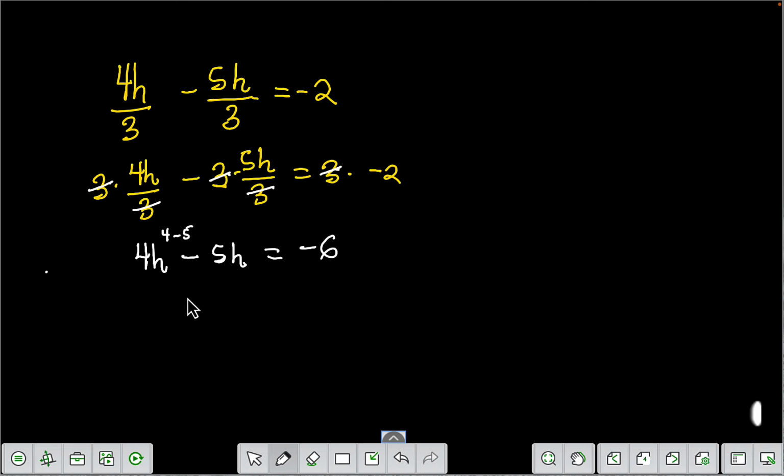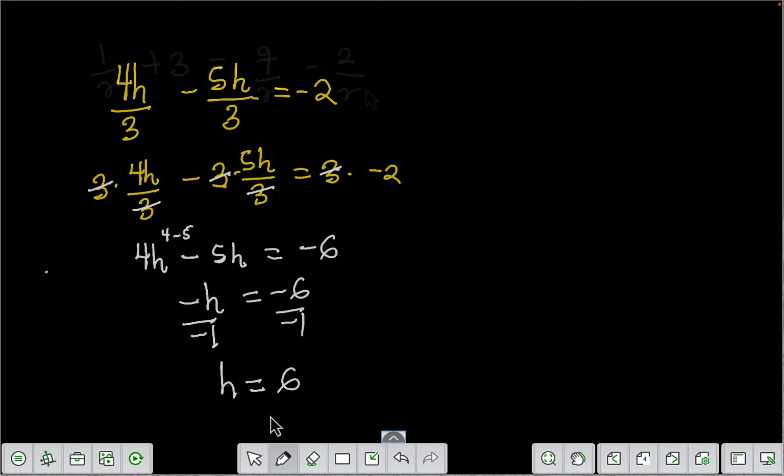So here you're going to have negative 1h, which is negative h, and that is negative 6. Again, we have to apply the division property of equality. So we divide by negative 1 here, and we divide by negative 1 there, and h is going to give us positive 6.